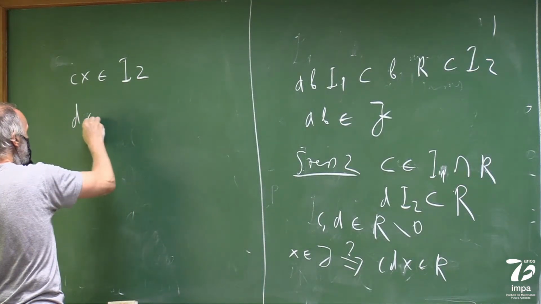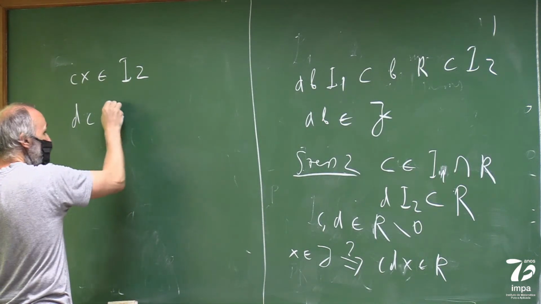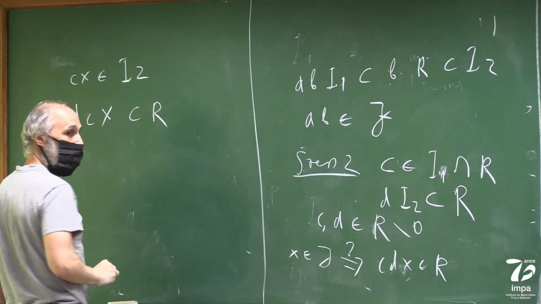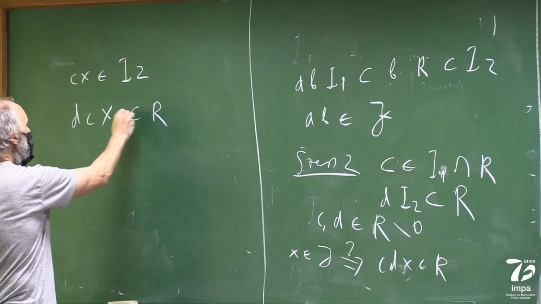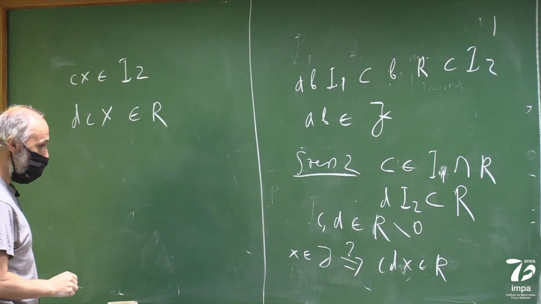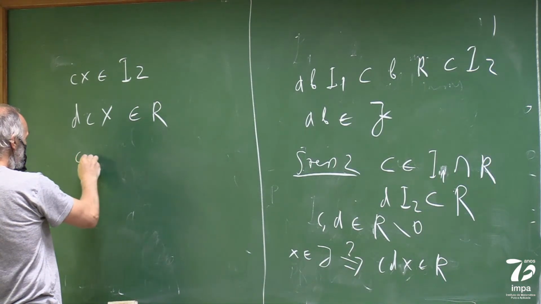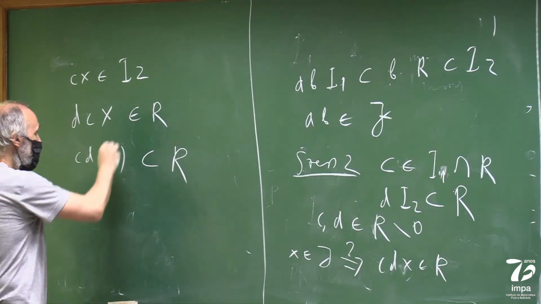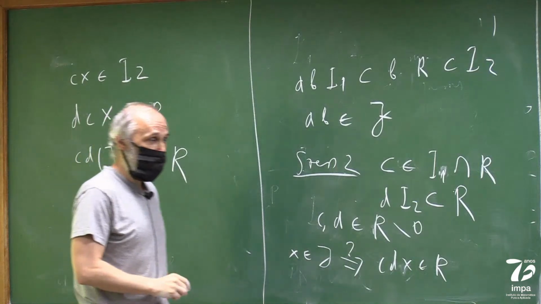And D times Cx belongs to R. This means that CD times J belongs to R. And we have finished the proof.